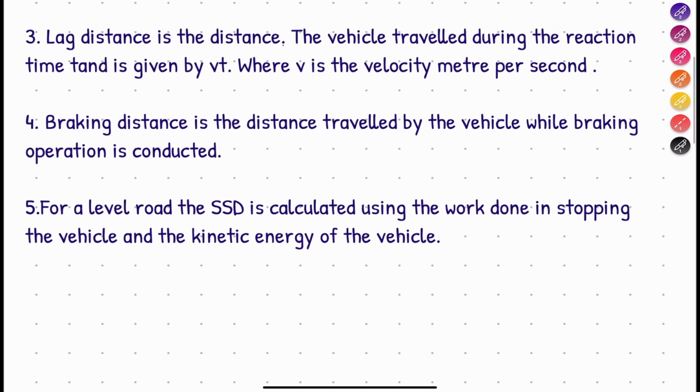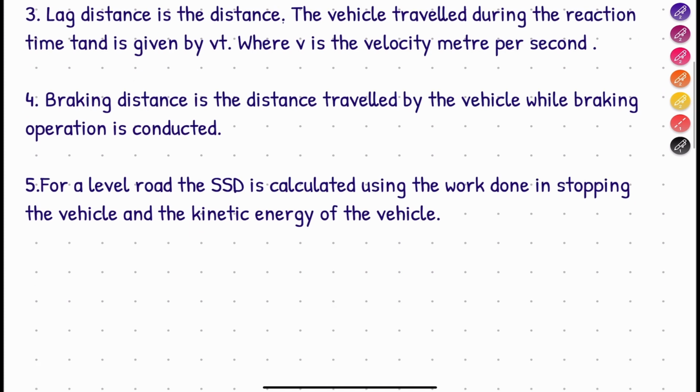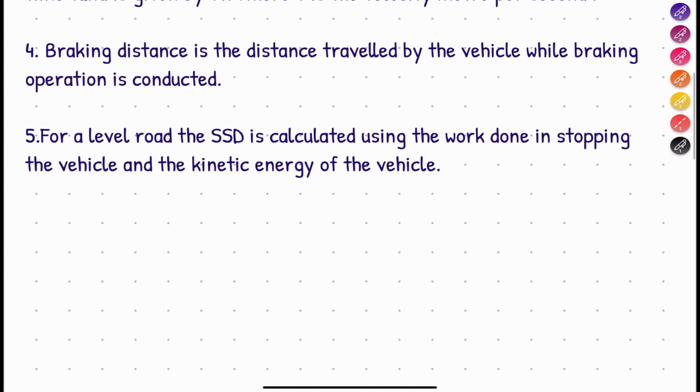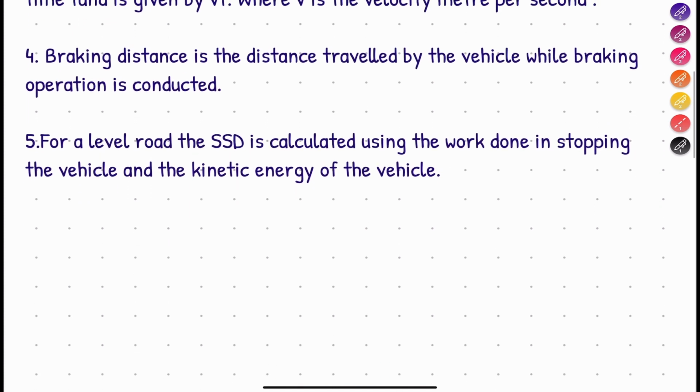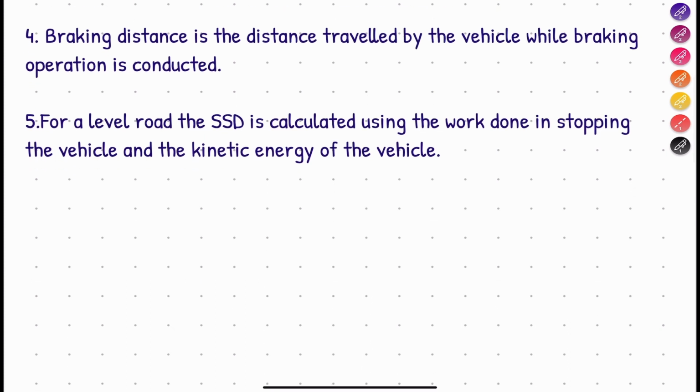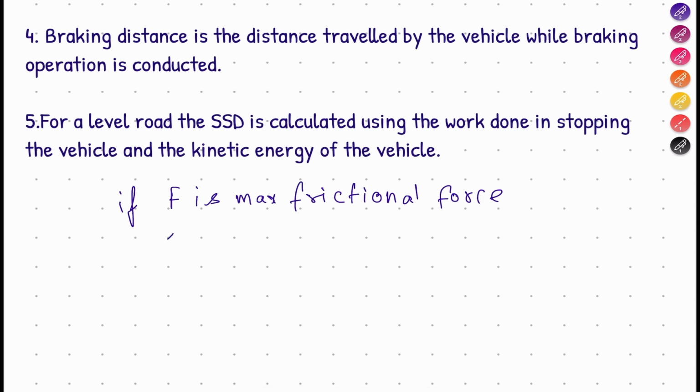So for a level road, the SSD is calculated using the work done in stopping the vehicle and the kinetic energy of the vehicle, right? So let us assume F is the maximum frictional force developed and L is the braking distance, right?